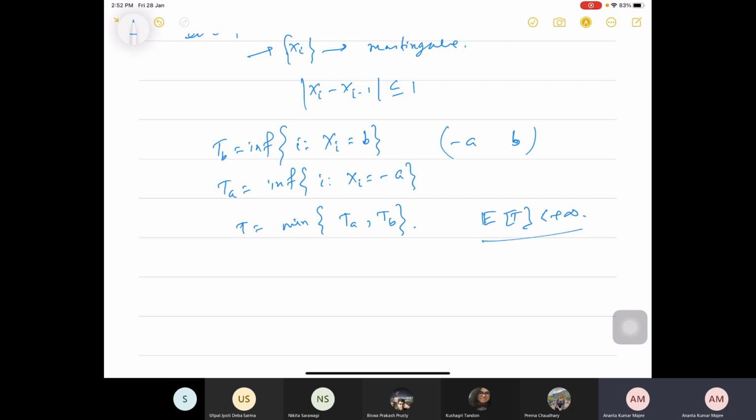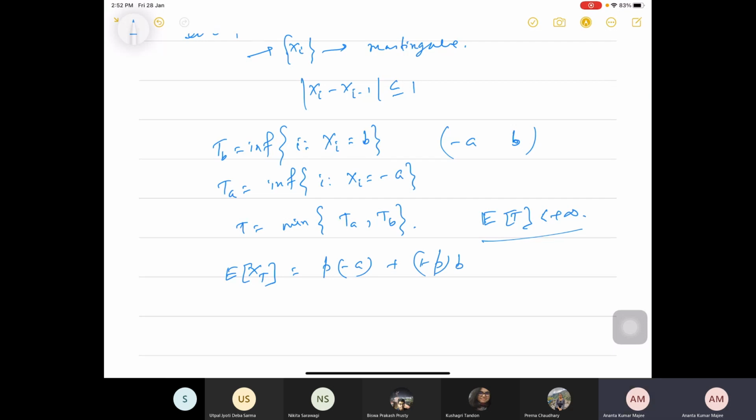So what it says is that if P is the probability of ruin, then 1 minus P is the probability of winning. Then what is the expectation of X of T? It is P times minus A plus 1 minus P times B, is it not?